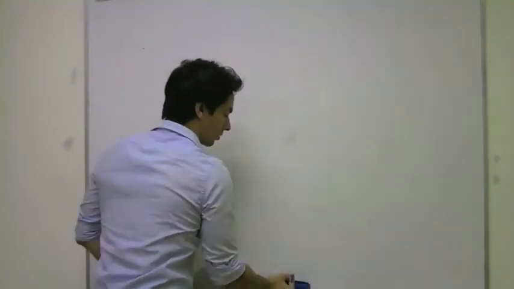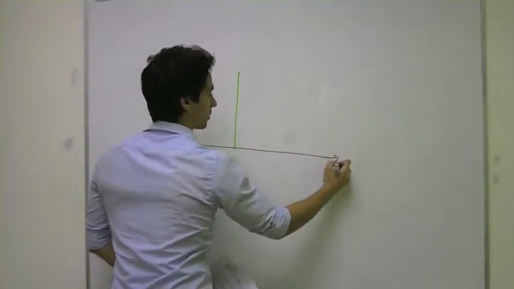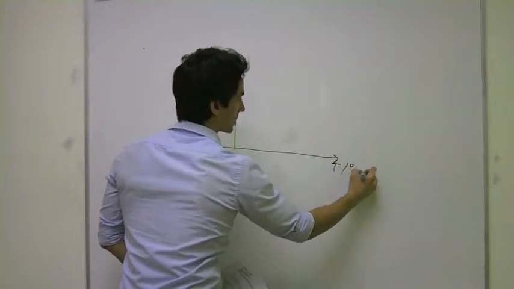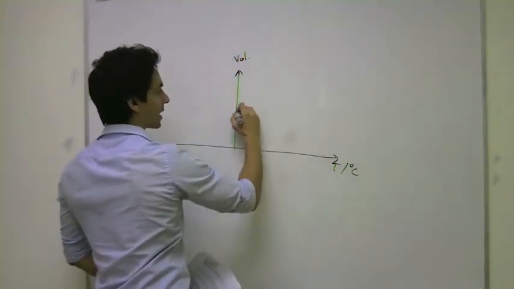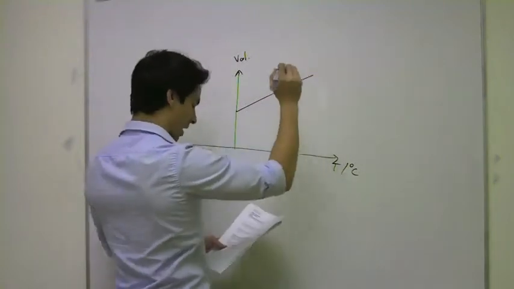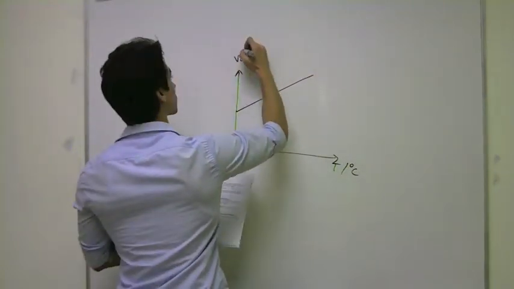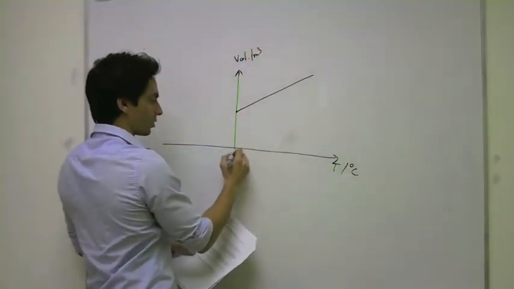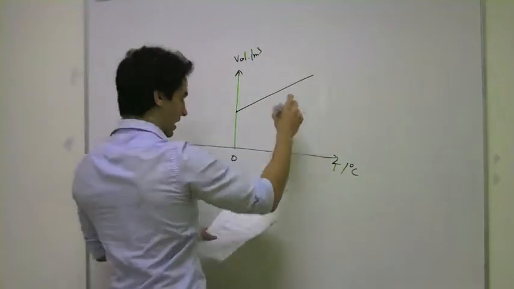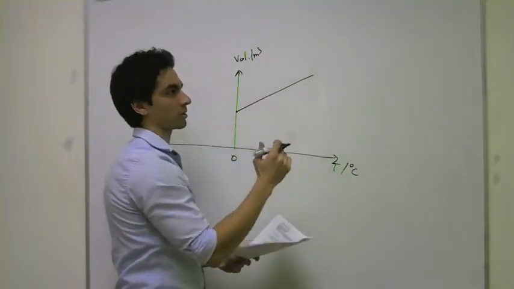Now, next part is defining the concept of absolute zero. So if you plot the graph of temperature in degrees Celsius and volume for an ideal gas, you have something of this sort. Okay, so you have 0 degrees Celsius over here, and as the temperature increases, volume goes on increasing.